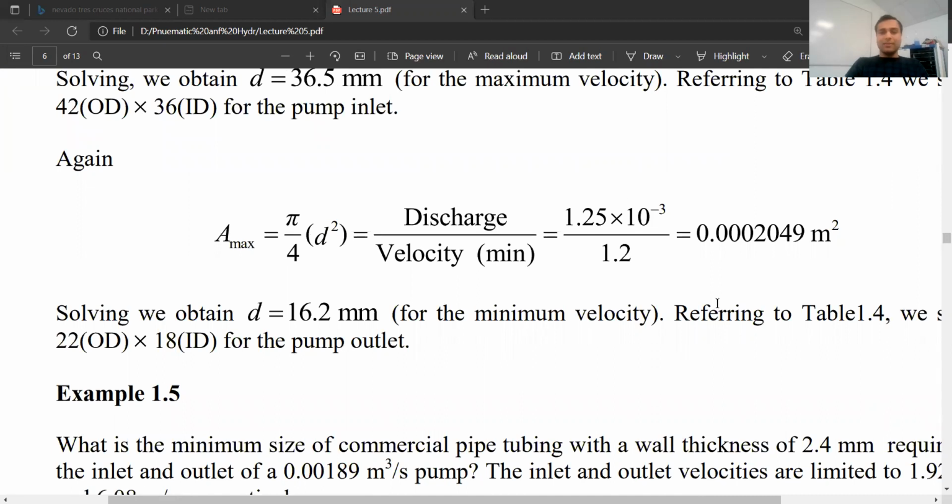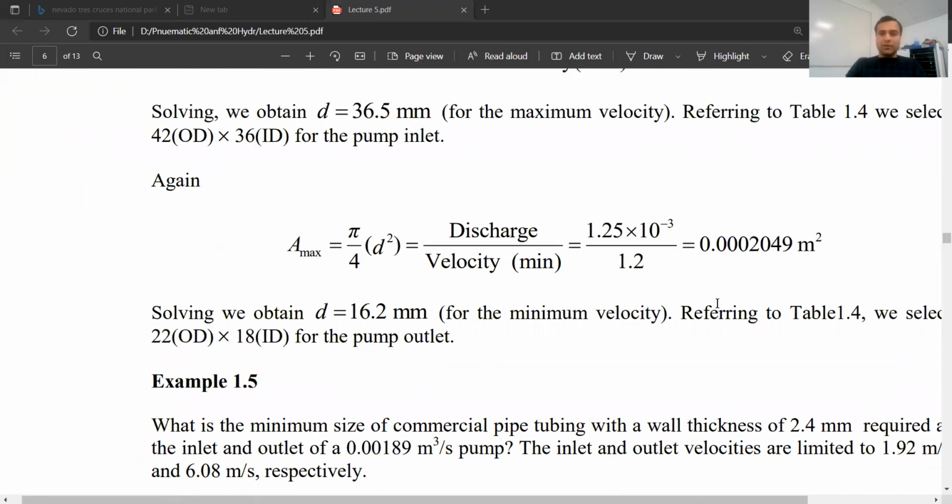Let me just write it down. Now we put the same thing for the maximum area. So discharge is exactly the same, but velocity we use the minimum, 1.25 times 10 to the minus 3 divided by 1.2.